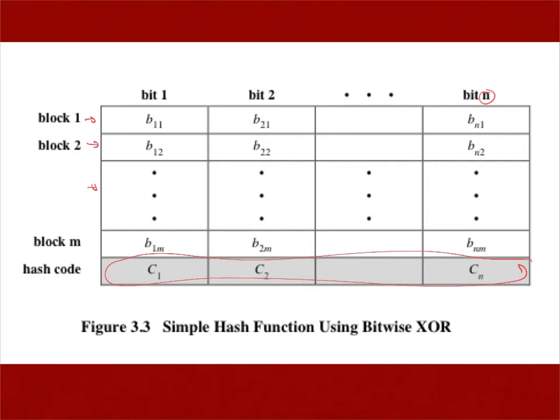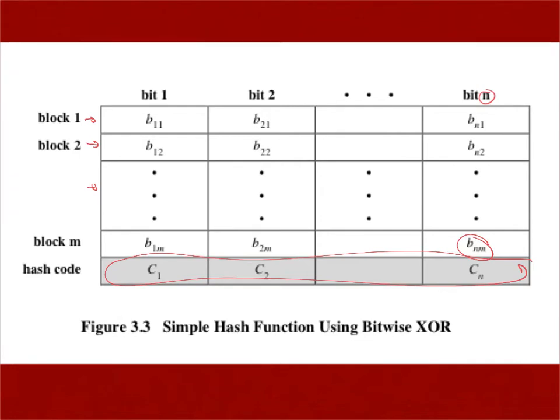But if the message size is not divisible by n, by the size of the block, what do I need to do? In networks, what do we do? Dummy bits, padding. We call it padding. So I can do padding. That's not a problem. We know how to do this, right?